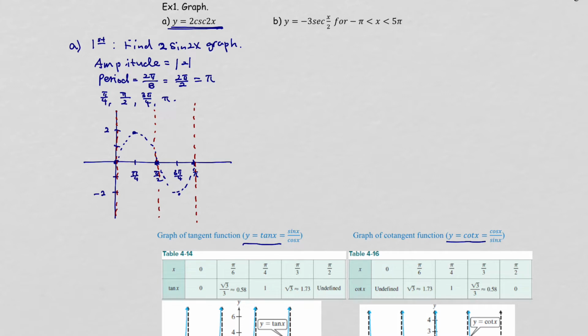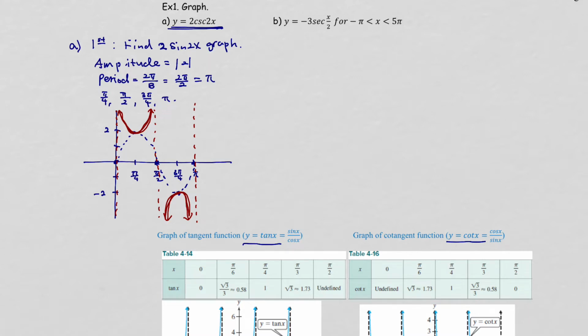And then your graph for 2 cosecant 2x is going to be drawn touching the highest points and the lowest points of the sine graph. So that's how you're going to graph cosecant. Start from the sine.